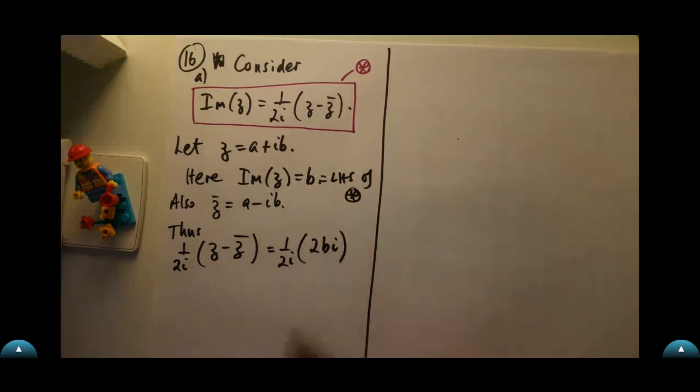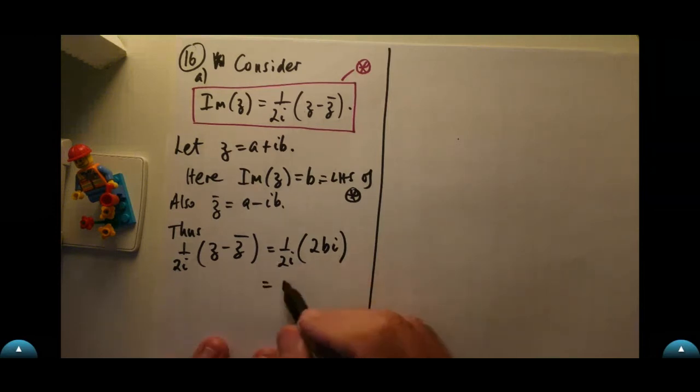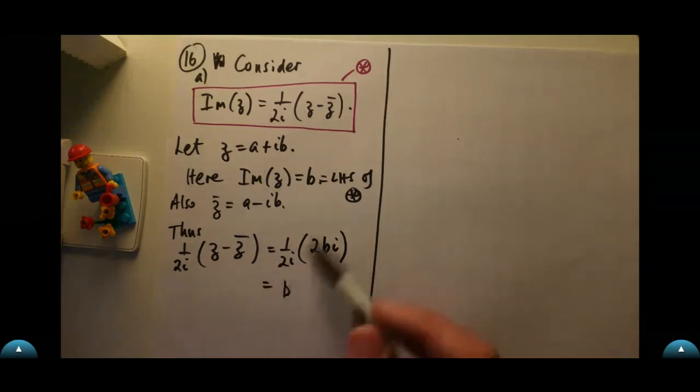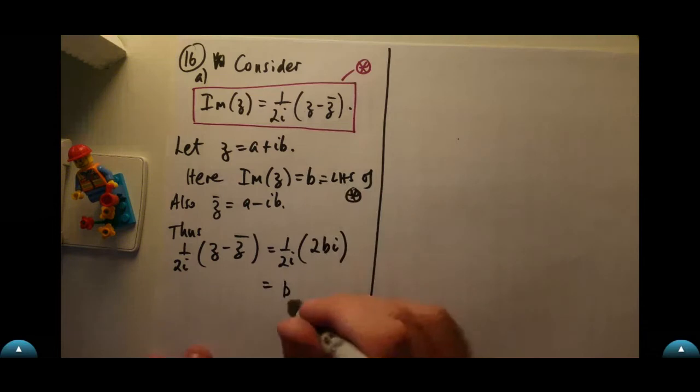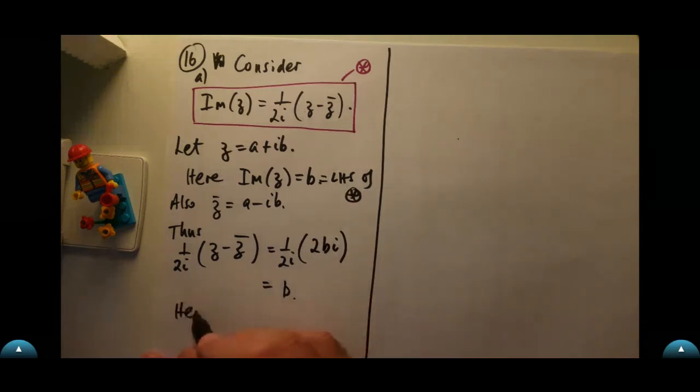So you can see the two i's are going to cancel, and there you go. So the right-hand side of star equals the left-hand side of star.